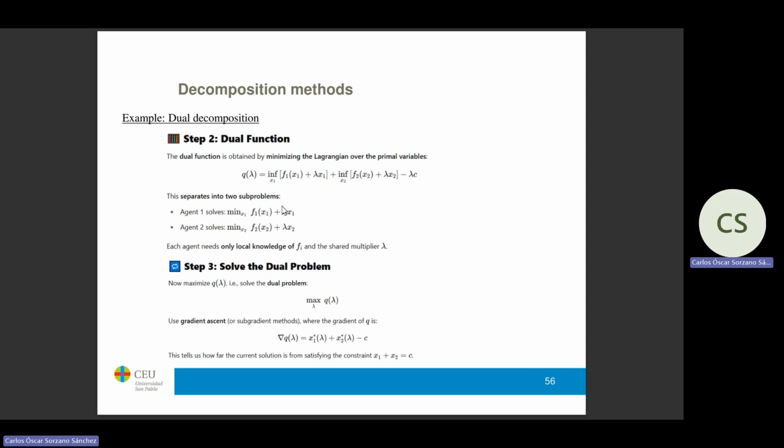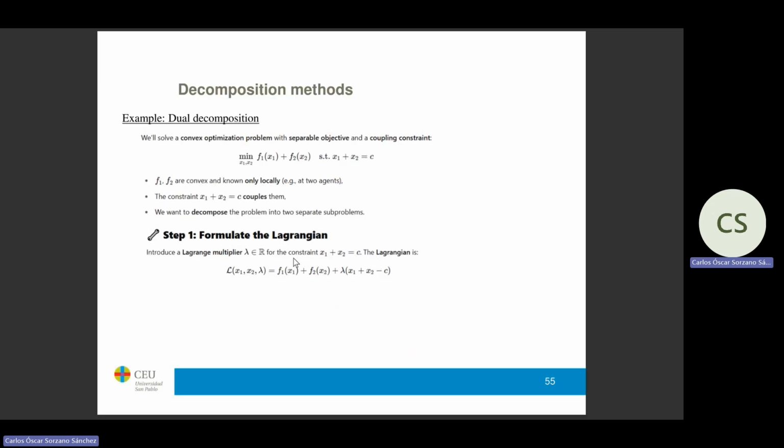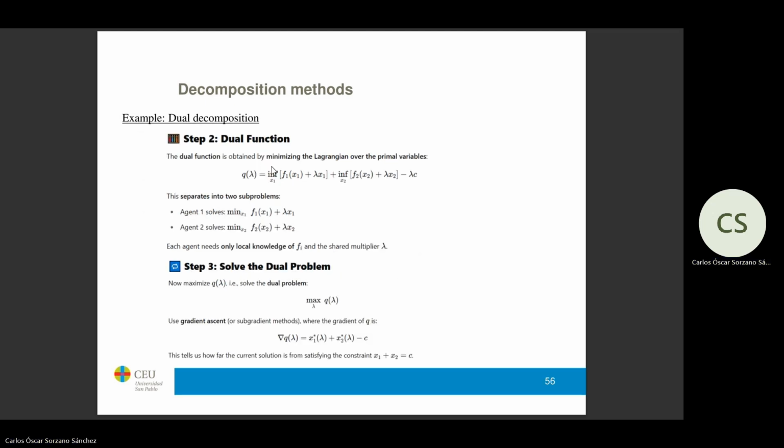It is the minimization of this thing with respect to x, but you can separate it into different components. This part does not depend on x2, so you can minimize separately. This part does not depend on x1, so again, you can minimize separately. And this part does not depend on x1 or x2, so there is no way to minimize that.